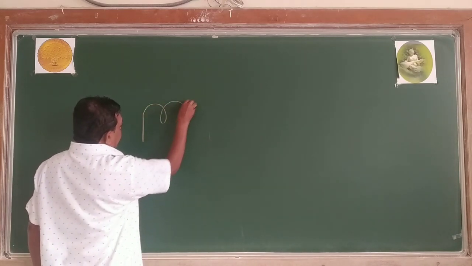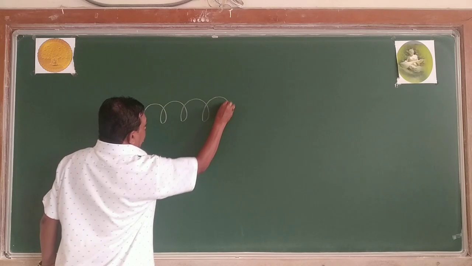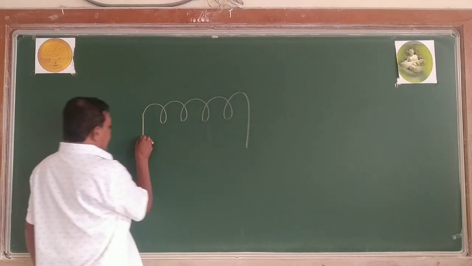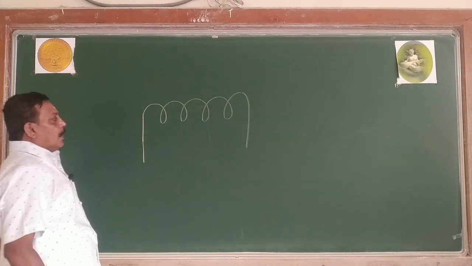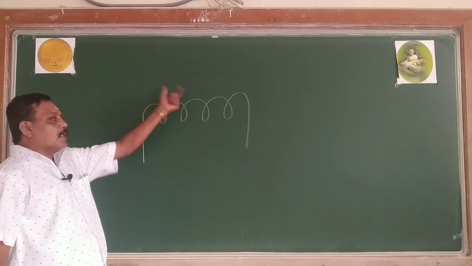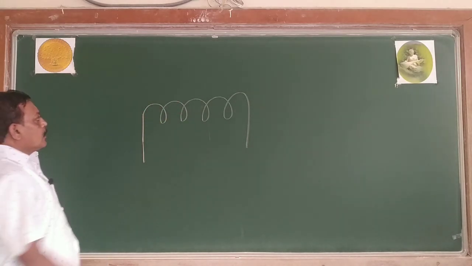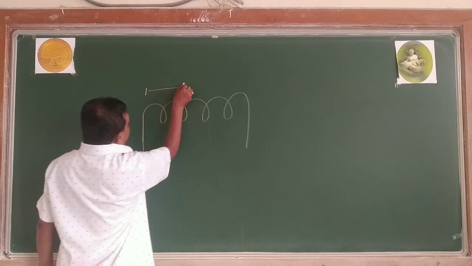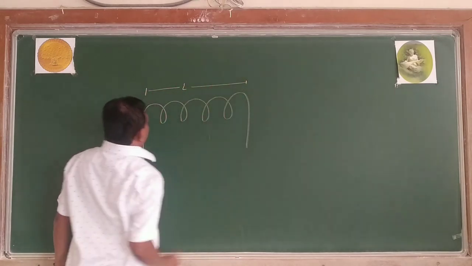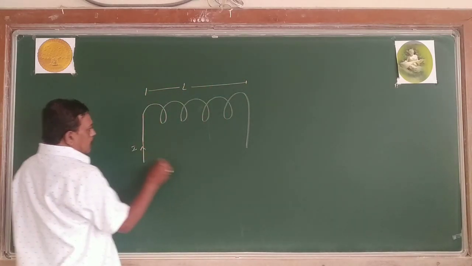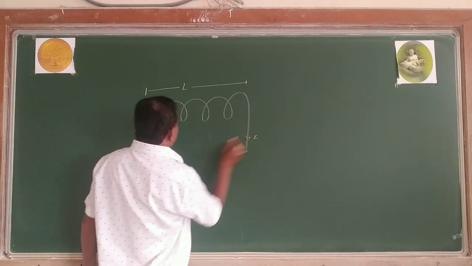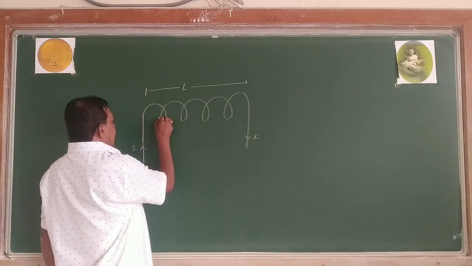Now this is the solenoid, a conducting wire wound on a cylindrical base, and it acts as a solenoid whose length is greater than its radius. This is the length of the solenoid. The current is passed through it. I is the current through the solenoid. This is the direction of the current.